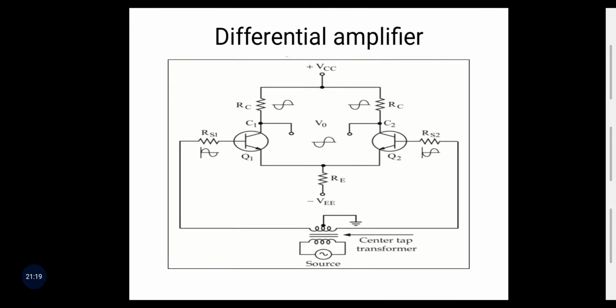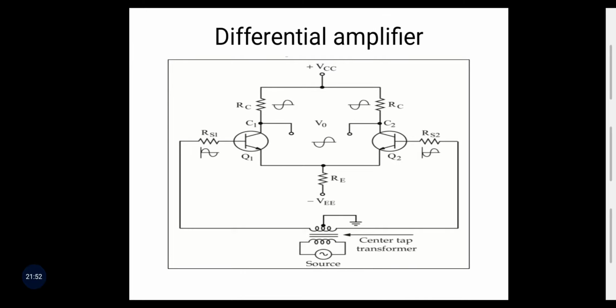If the base voltage is negative, the collector voltage is positive, and a negative going signal is developed across RE. So the signal voltages across RE due to the effect of Q1 and Q2 are equal in magnitude and 180 degrees out of phase due to the matched pair of transistors. Hence these two voltages cancel each other and there is no voltage across RE.